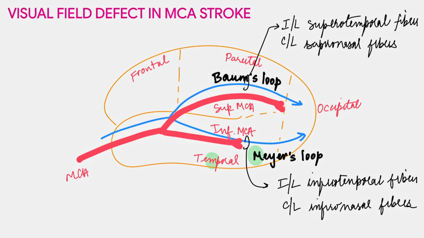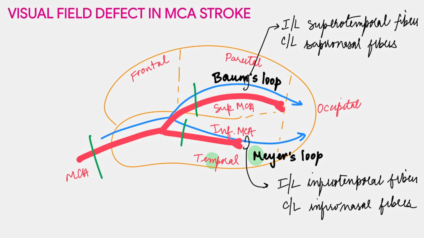So if you understand this, now the lesion can be here. For the sake of this discussion, I'll be using green, though normally for lesion we use red. The lesion can be here, that is due to the superior middle cerebral artery, can be here between, inferior middle cerebral artery, or it could be the MCA trunk.